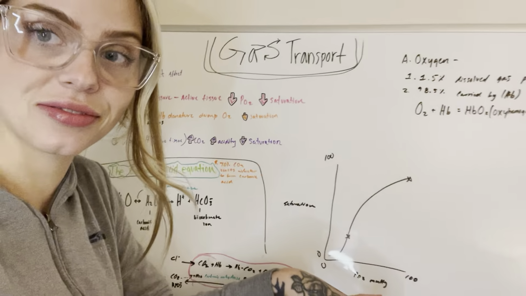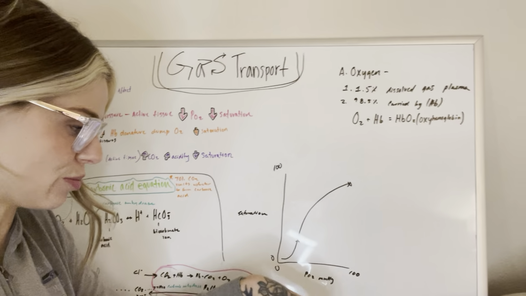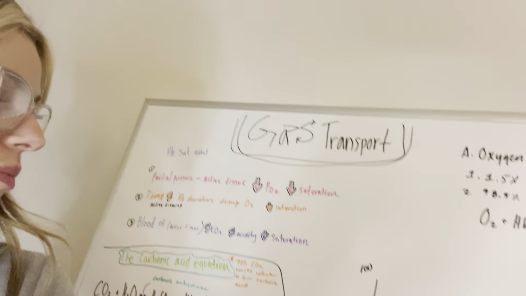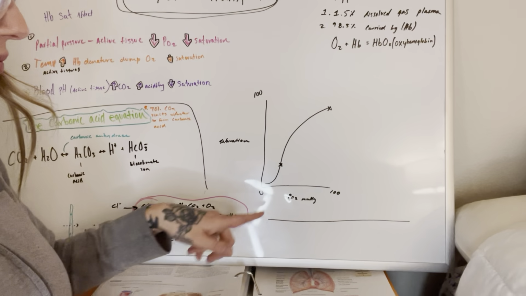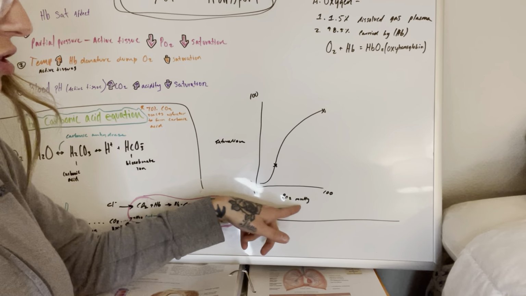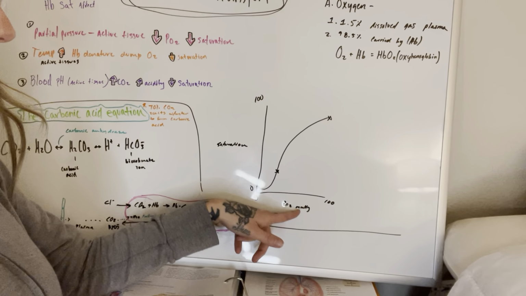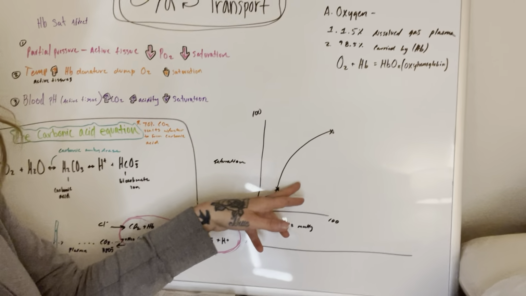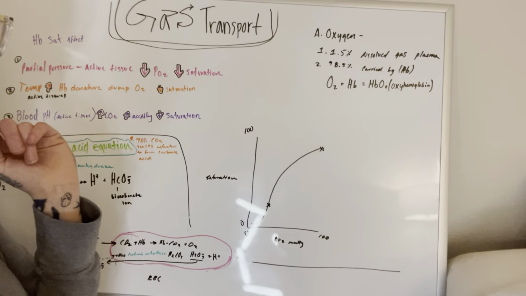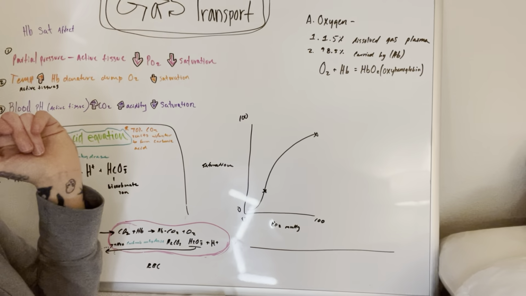Okay, and then here's my really bad graph that's very simple. Saturation 0 to 100, and then this is the pressure of oxygen, millimeters mercury, 0 to 100. I'm going to use it for partial pressure.